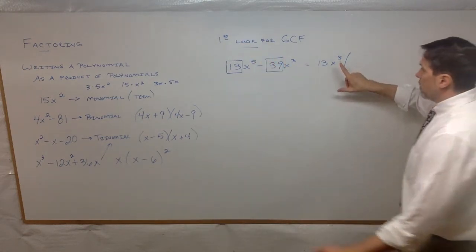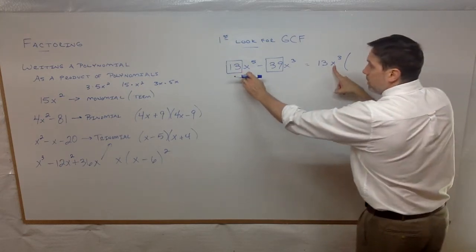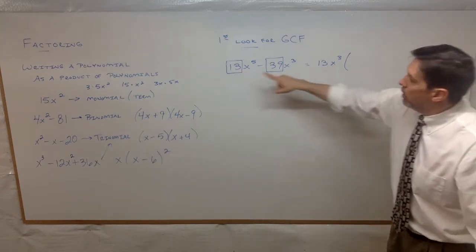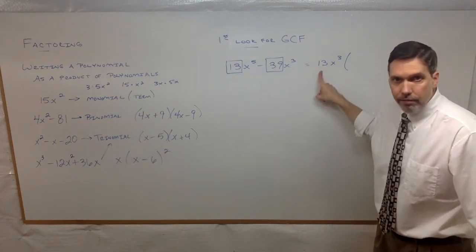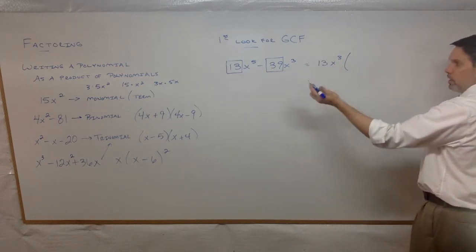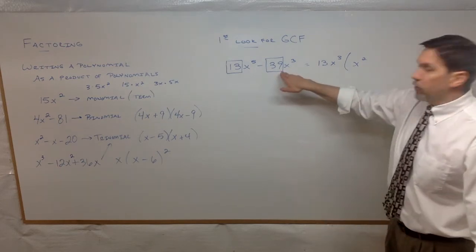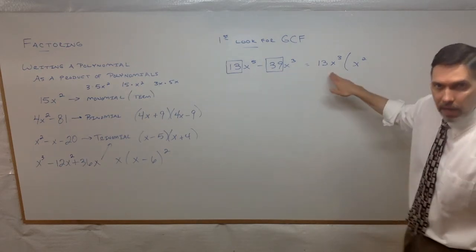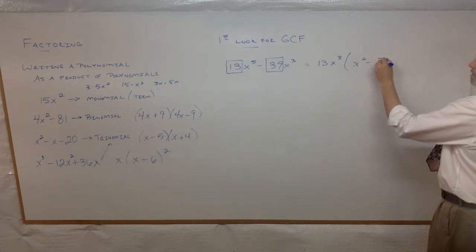So we ask ourselves, what do I have to multiply 13x cubed by to get 13x to the 5th? Or what's 13x to the 5th divided by the GCF? Well, if you divide 13x to the 5th by the GCF, you're going to get x squared. Take negative 39x cubed divided by the GCF. You're going to get negative 3.